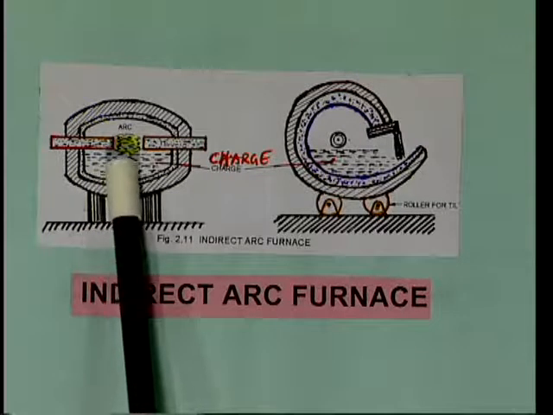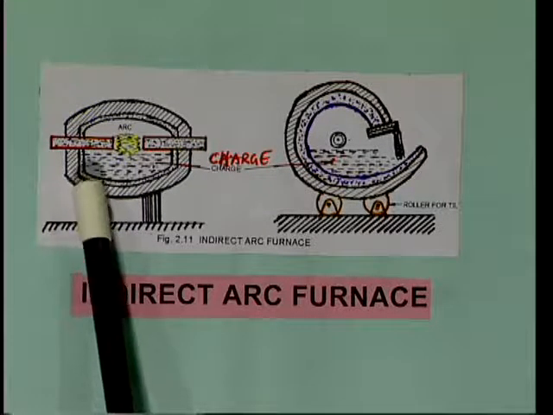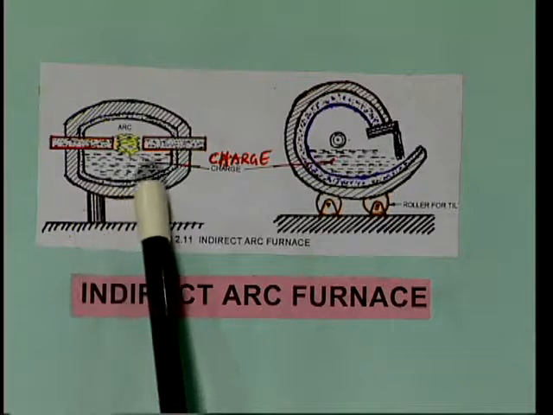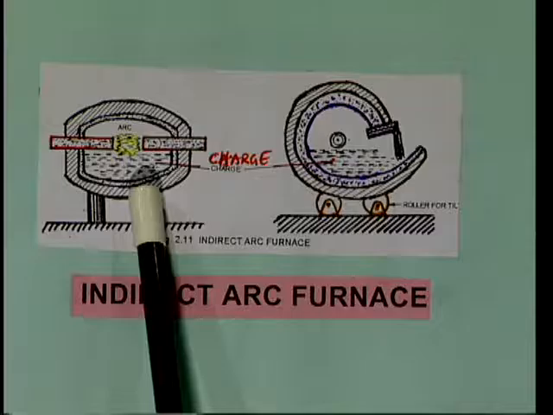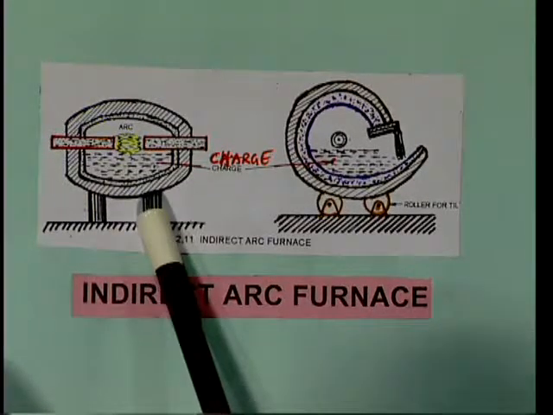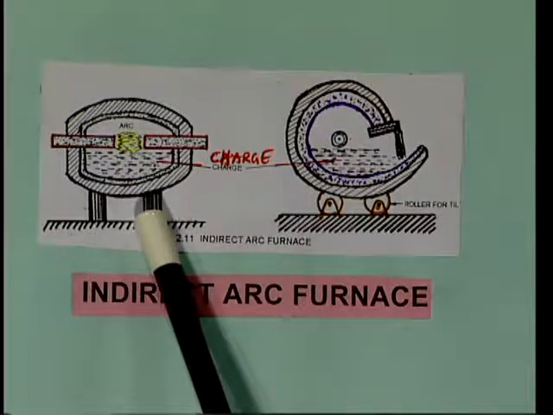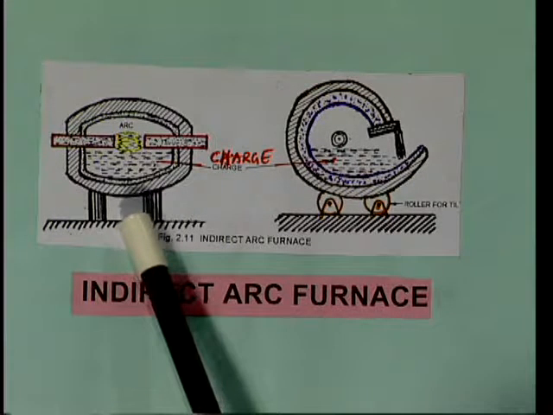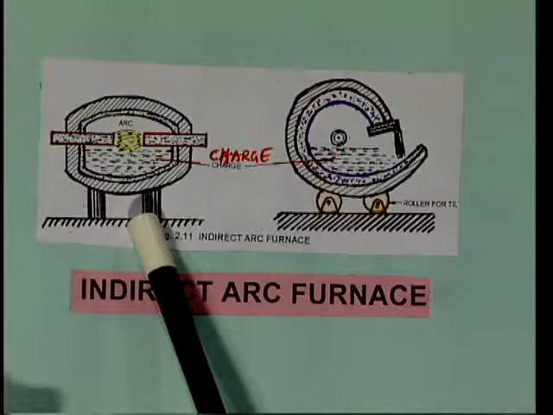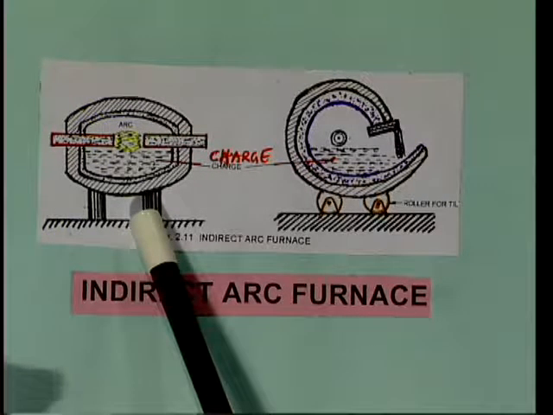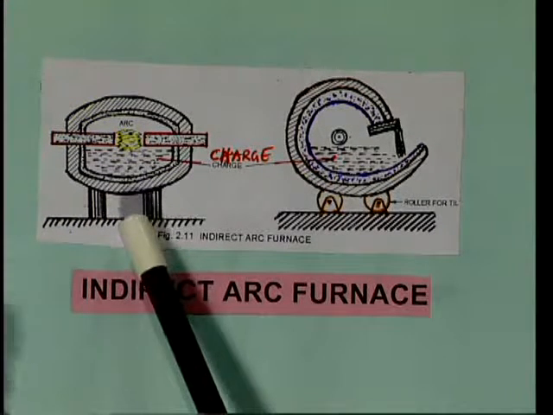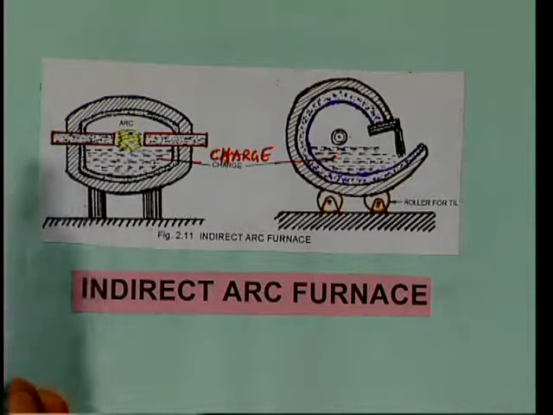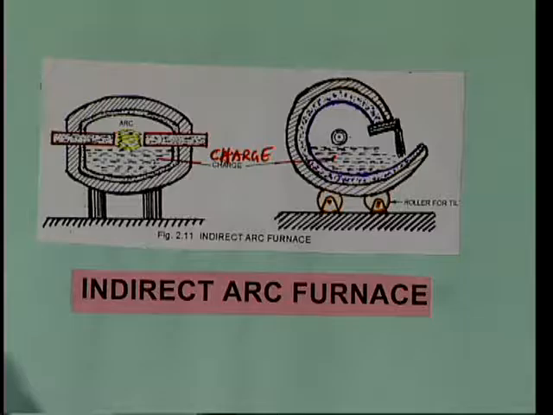So here the current is not passing into the material. Since current is not passing into the material, stirring action does not take place. That means the material will not be uniformly heated, so the complete material will not be converted into the liquid stage.